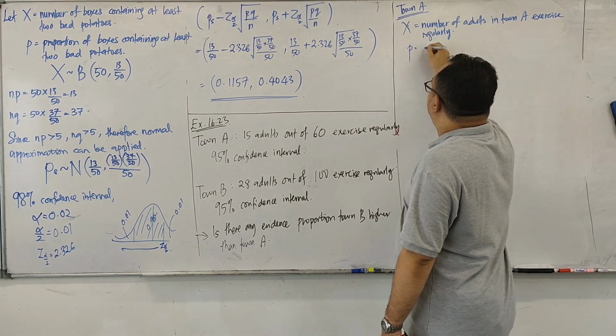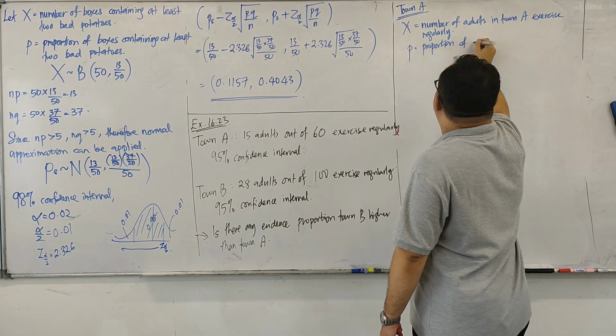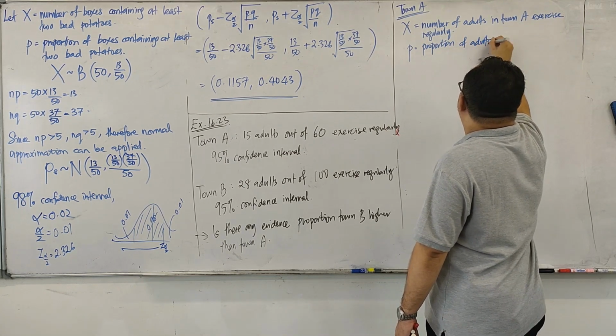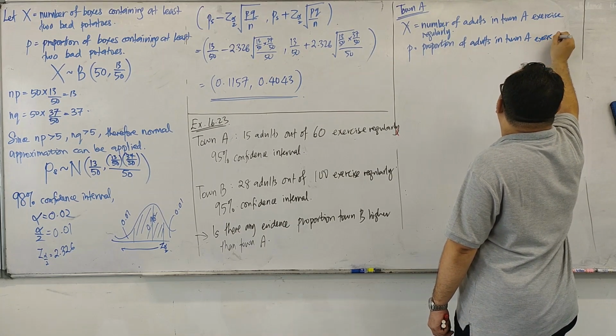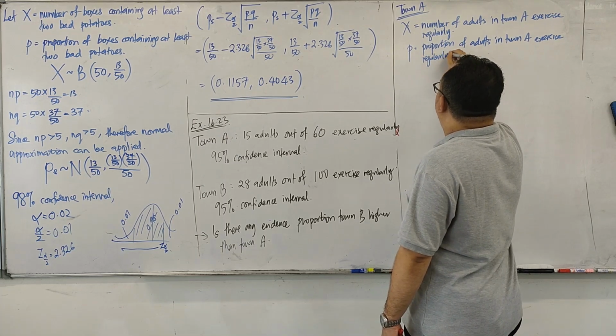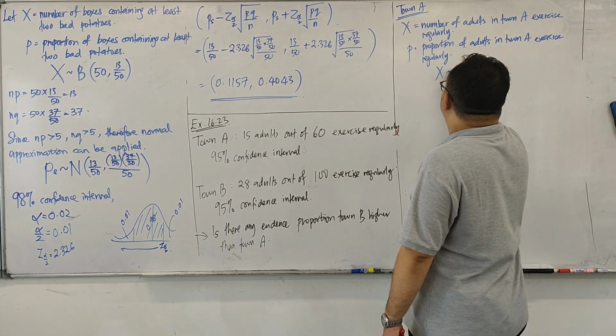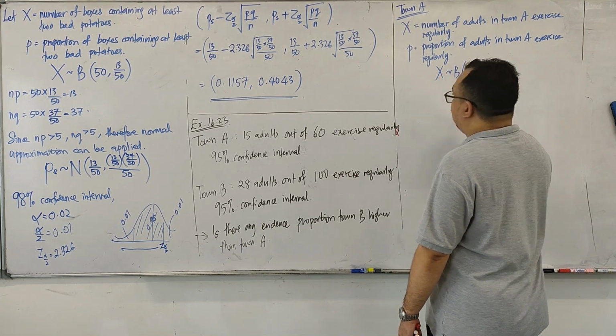And then my P is the proportion of adults in town A who exercise regularly. Therefore, my X follows binomial, N saya adalah 60.